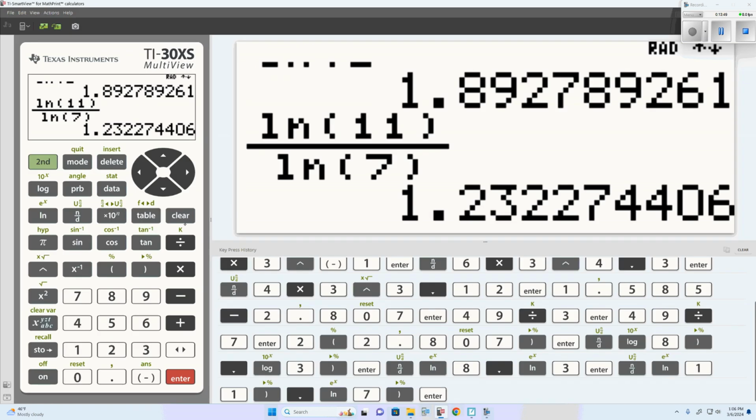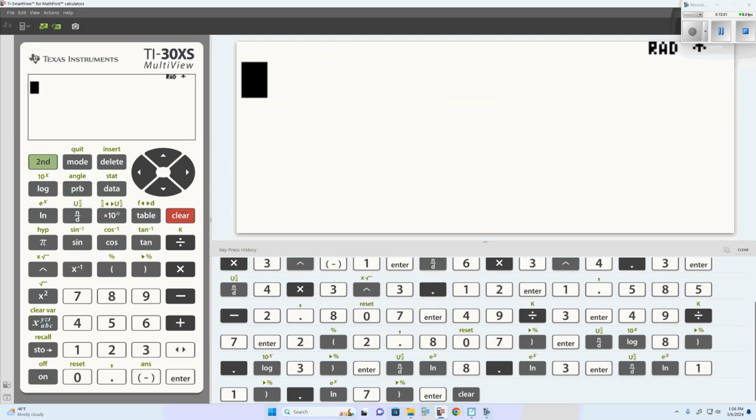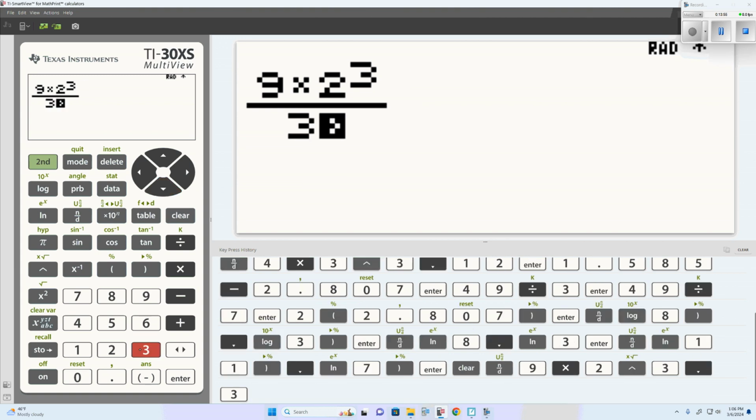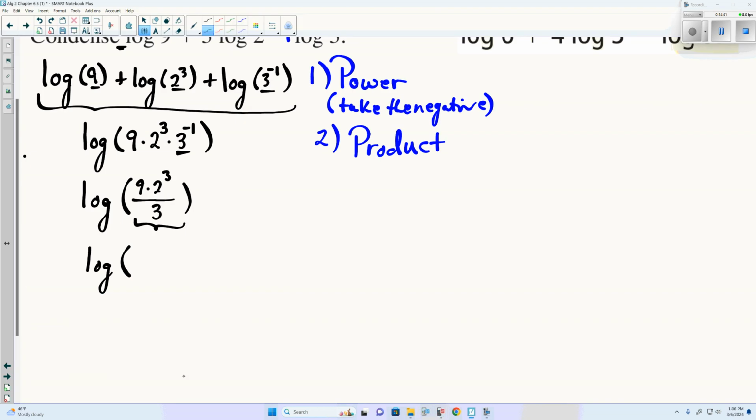So the calculator will simplify it for us to 24. Log of 24. And that's it. That's our final answer.